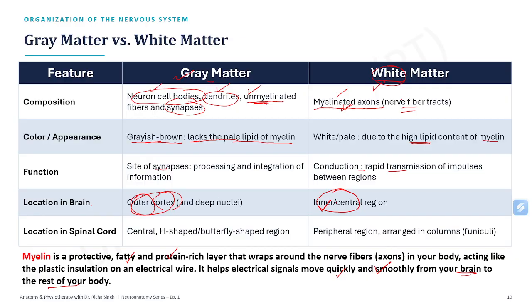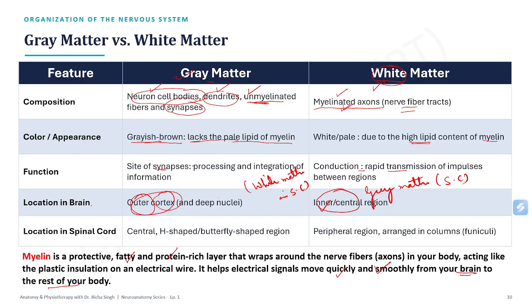Whereas if we come to the spinal cord, it's just the opposite. The inner or central region has gray matter in the spinal cord and the outer cortex has white matter in the spinal cord.